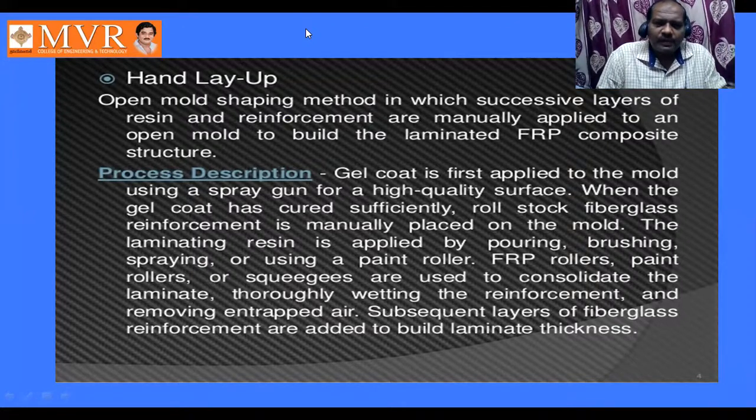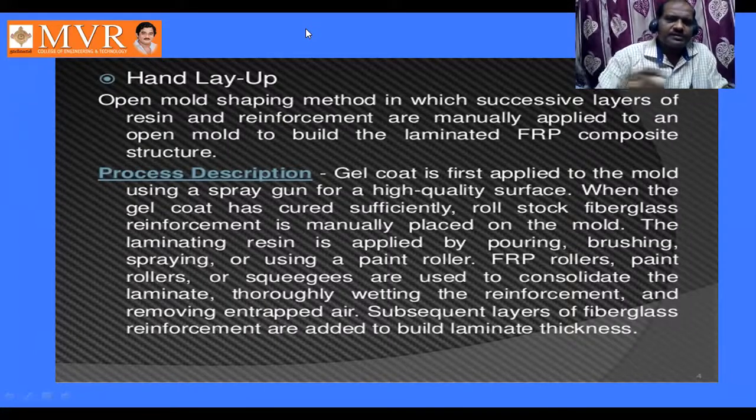Gel is added to prevent sticking to the surface of the mold. If that is to be done regularly, we can do it. Otherwise, gel can be avoided. Only three steps: resin can be added, fiber can be added, and consolidation can be done using the rollers after adding the fiberglass. So this is the basic process that happens.